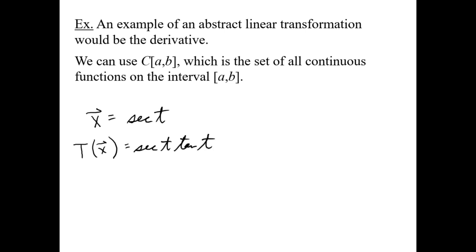Because with the derivative we can split up sums and pull out coefficients, the derivative is a linear transformation. One notation we're going to use here, C of [a, b], we're going to define as all the continuous functions on the closed interval from a to b. So when that notation comes up, we know what that means. C just represents continuous functions.